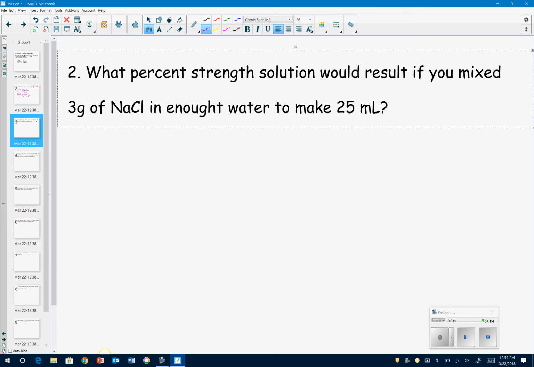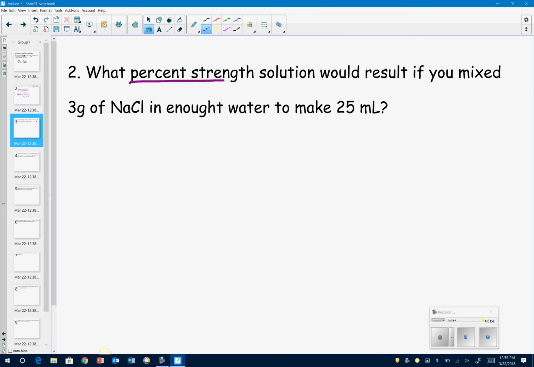Number two, what percent, so it's asking a little bit different. So what percent, so we know we're going to have X percent, okay? And because we know we have X percent, what I'm always going to do, like I told you earlier, is out of 100, so we automatically put 100 milliliters underneath it, okay? So what percent solution would result if you mixed 3 grams of sodium chloride in enough water to make 25 milliliters.